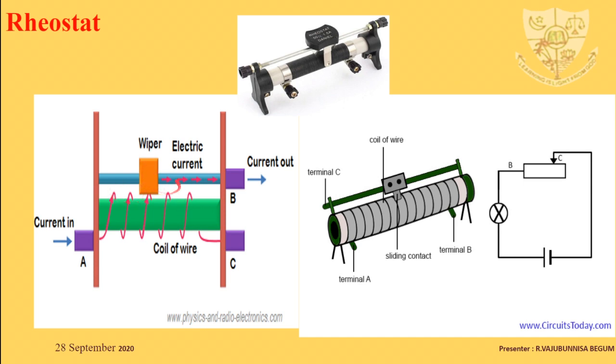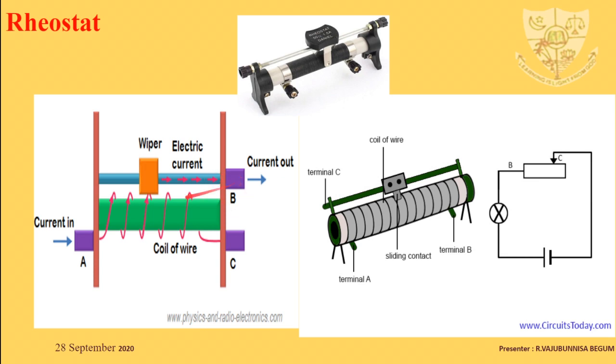Here the construction is the same as that of a potentiometer as discussed earlier. Similar to the potentiometer, a rheostat has 3 terminals, 2 fixed and one moving.